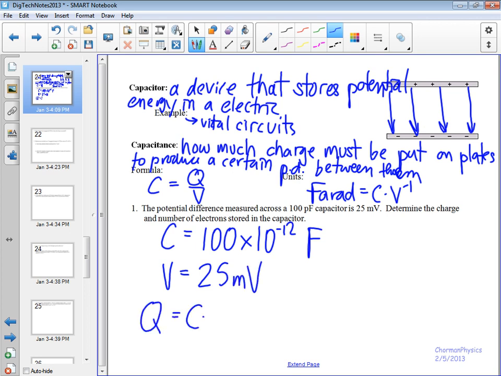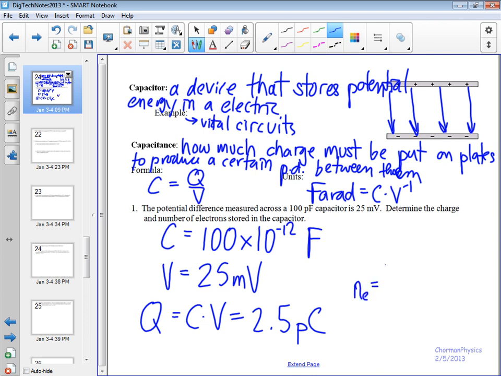So we just want to know the charge, and here the charge can be found by multiplying the capacitance times the voltage, and what we end up getting is going to be 2.5 picocoulombs with the charge. And then from there we could figure out the number of electrons simply by dividing this number by 1.6 times 10 to the negative 19 coulombs.